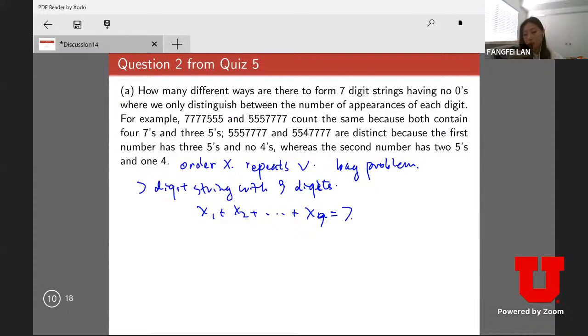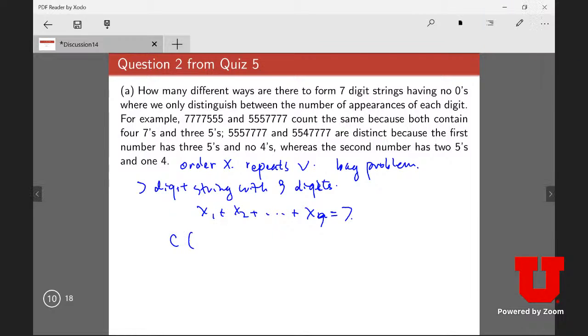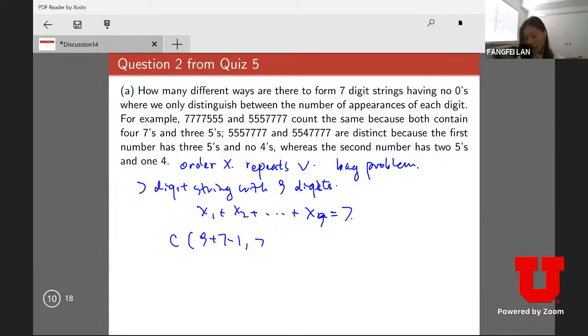What do we do now? It would be C of 15, comma 7. So how do you get 15? 9 plus 7 minus 1. Yep, 9 plus 7 minus 1, and choose 7, because that's the length of the string. So that is 15 choose 7 or 15 choose 8. They're the same.